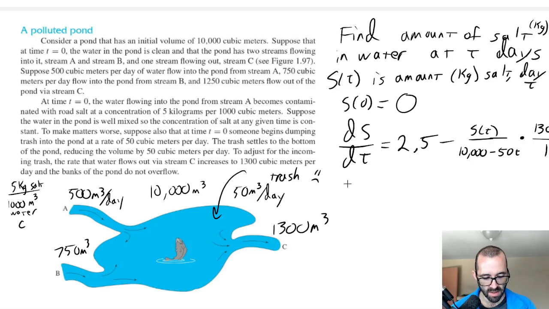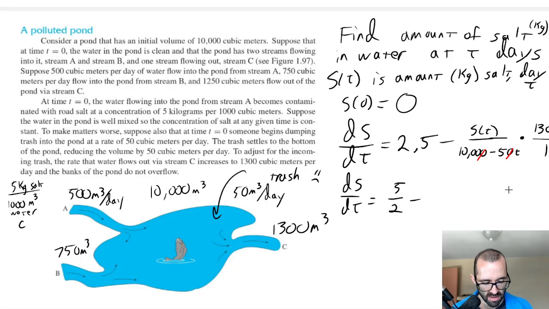We could simplify this. We could clean this up a little bit, right? ds/dt is 2.5. I'm going to write this as a fraction just so everything's kind of consistent. This is a 1,300. Again, normally I can see where the edge of your viewing is, but because I move things around here, I can't. We can factor out a 50 and do some cancellation here, and that's going to give us 20. All right, when you factor out, one of these zeros is going to cancel, and then we can also factor out a 5, and then the 5s are going to cancel too.